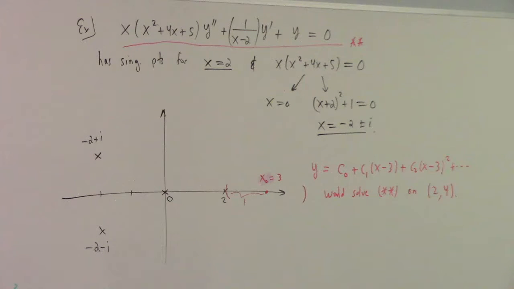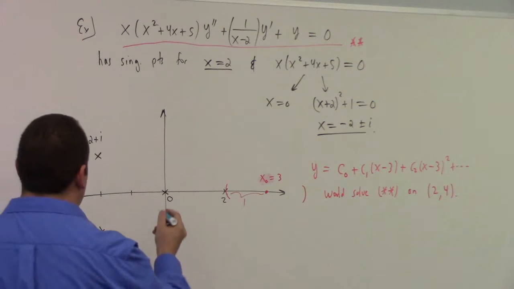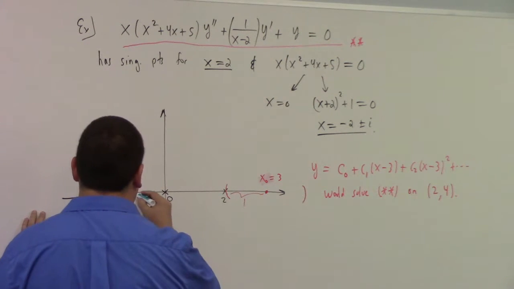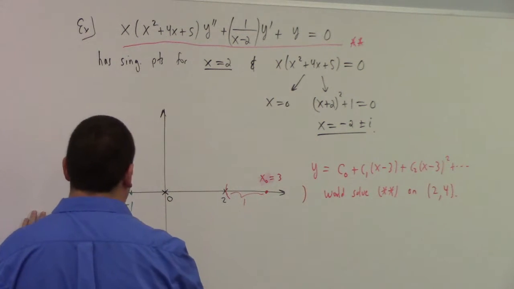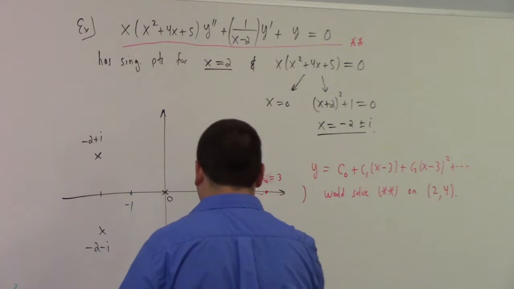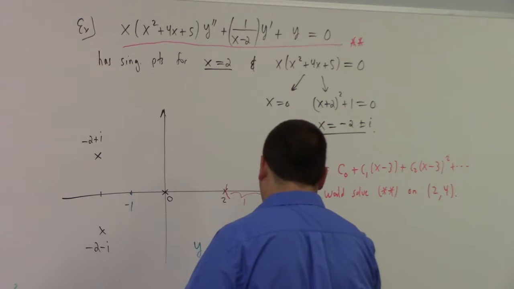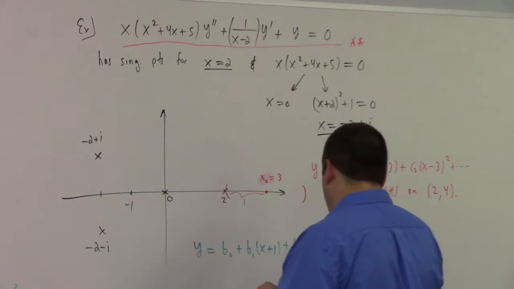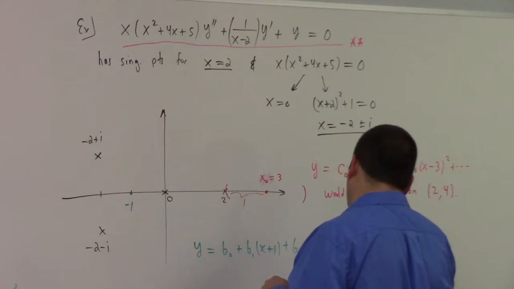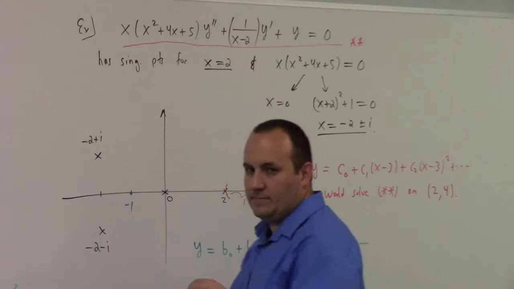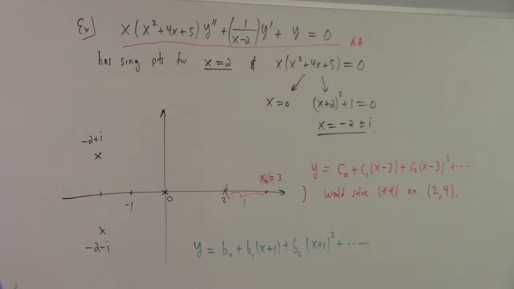Now let's see, what would be a more exciting point to think about? How about minus 1? If we looked at that solution, where are we guaranteed for that to work?